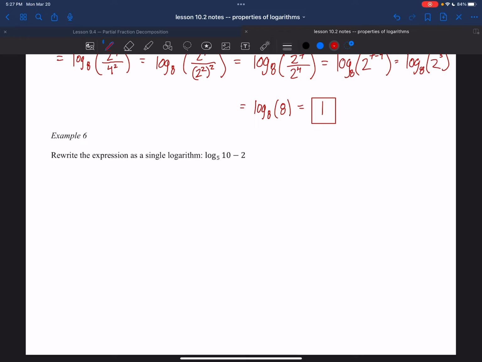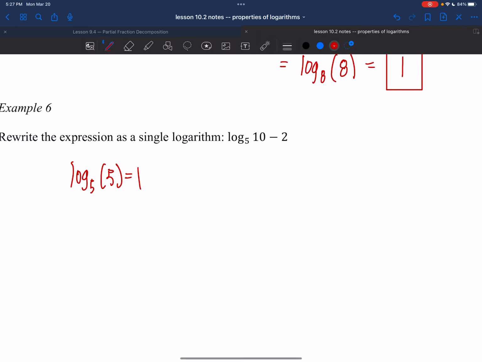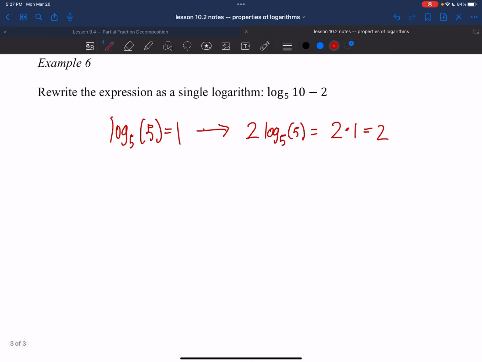Well, let's say log base 5 of 5 equals 1, right? That's true. So then 2 log base 5 of 5 equals 2 times 1 equals 2. So therefore, I can do a sort of substitution here.